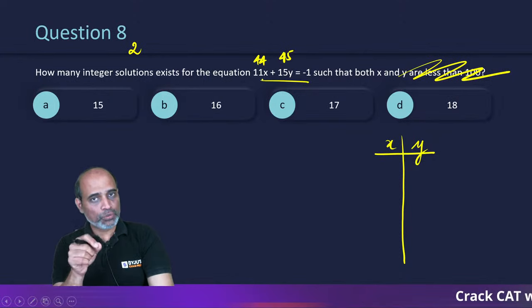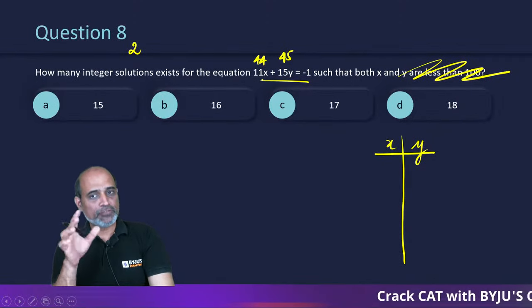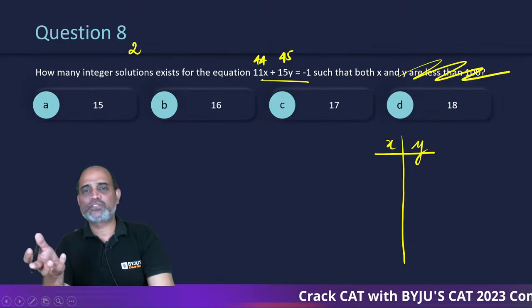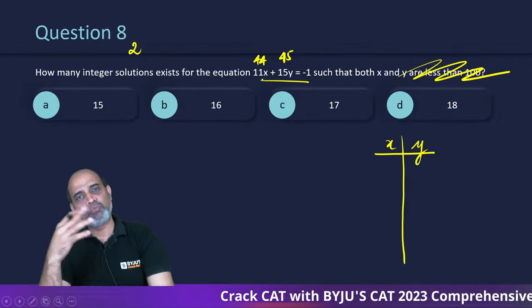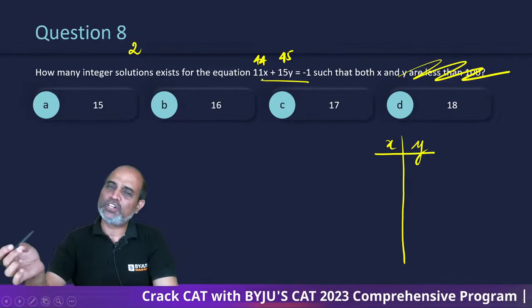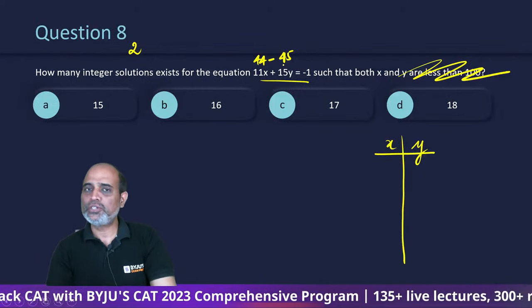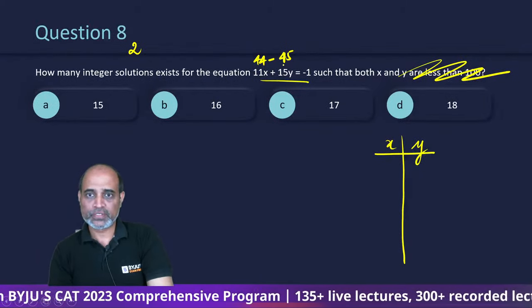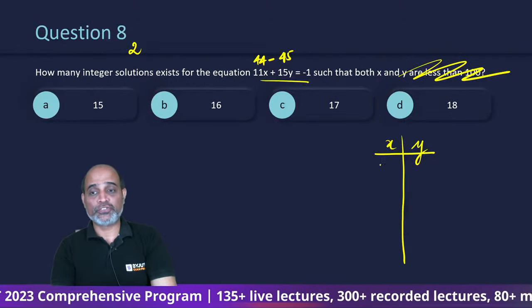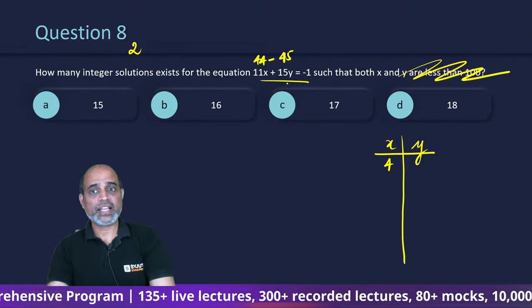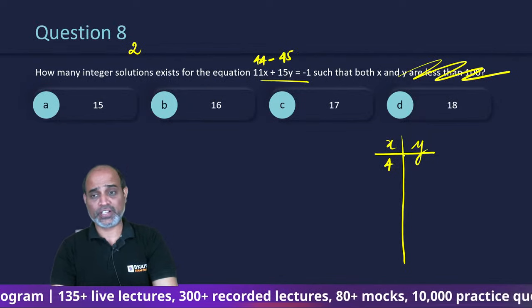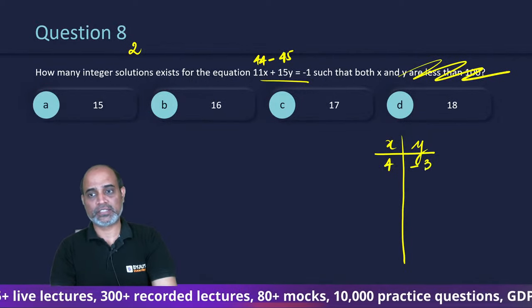Now definitely we will need to do 44 minus 45, which gives -1. So if 11x is 44, x is 4. And 15y is minus 45, that means y is -3.